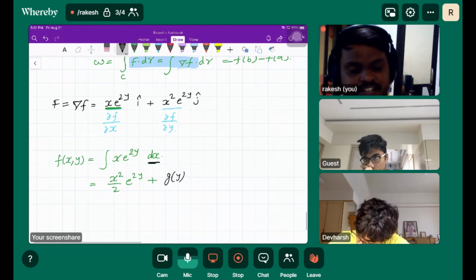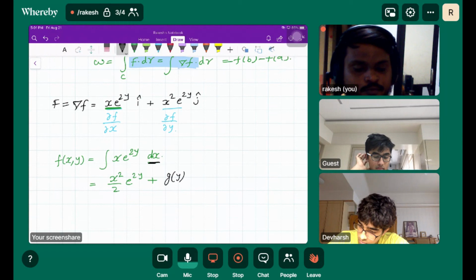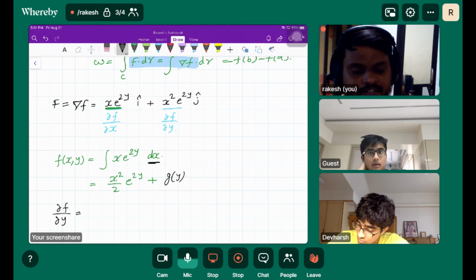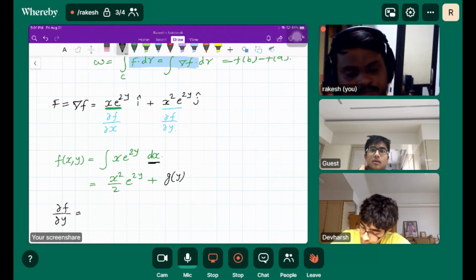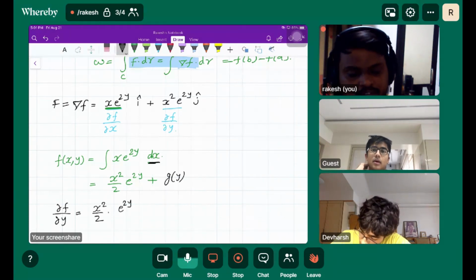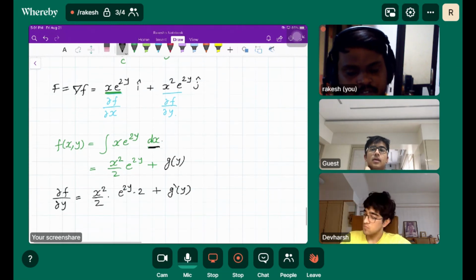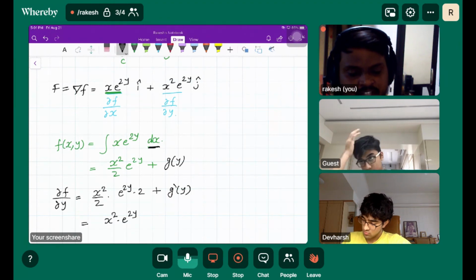Now we'll differentiate this function with respect to y. What is our next step? So ∂f/∂y, we get x²/2 times e^(2y) times 2, plus g'(y). So x² e^(2y) plus g'(y).